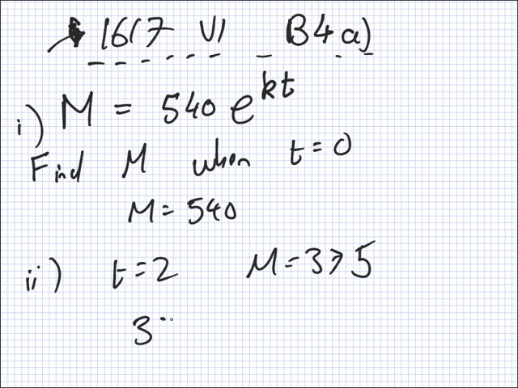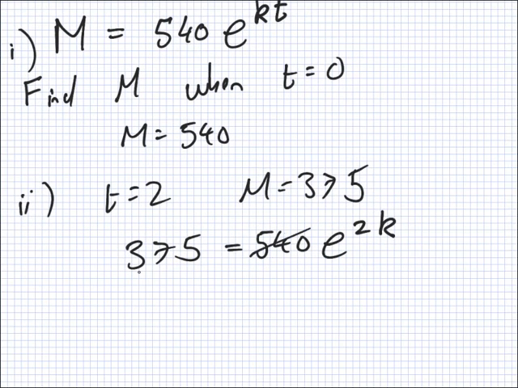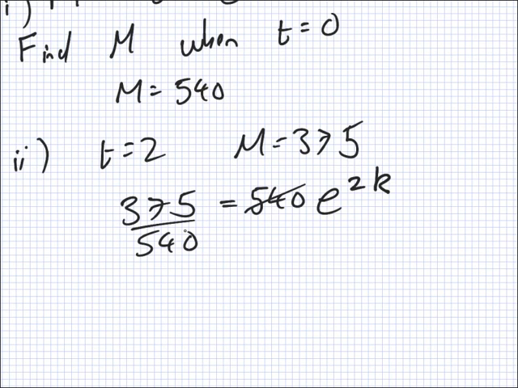Give your answer in the form of log of a fraction. Okay, 375 equals 540 e to the 2k. I'm going to divide by 540. 5 goes into both of these, doesn't it?